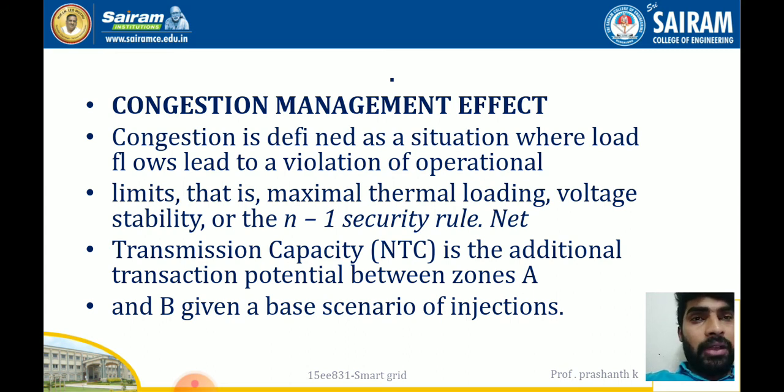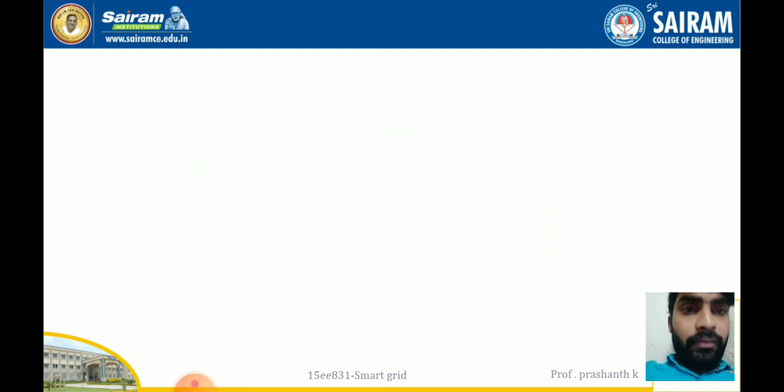Suppose something happened in the power flow, some variation occurs in the power flow, that should be within limits, the maximum thermal loading and voltage stability. So N-1 security rules also will be there. NTC is very important, the additional transaction potential between zones A and B. It is like they will give zones A and B for the power flow and the power system based on scenario injections.